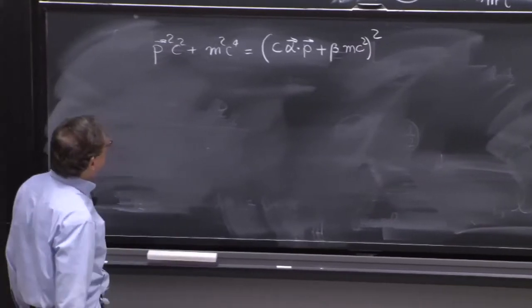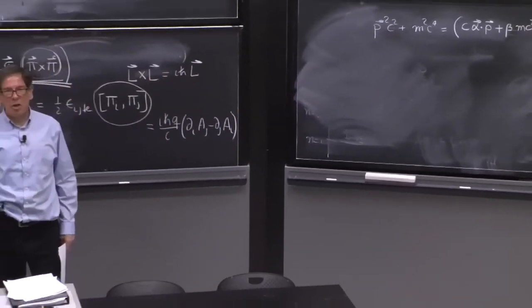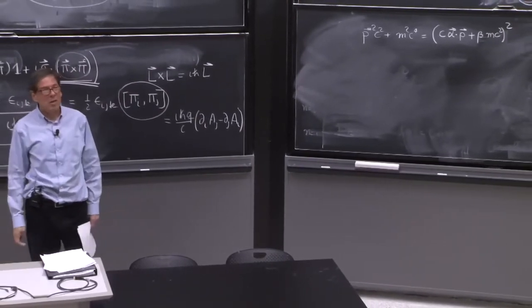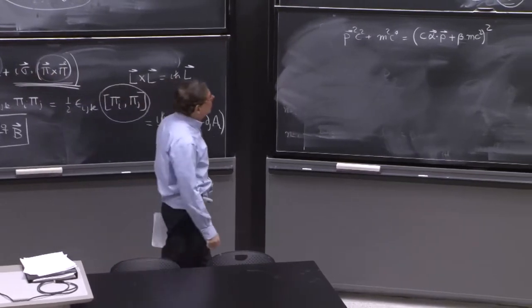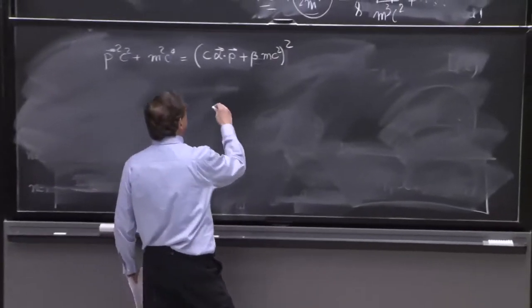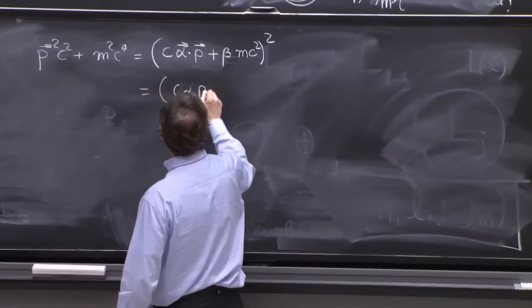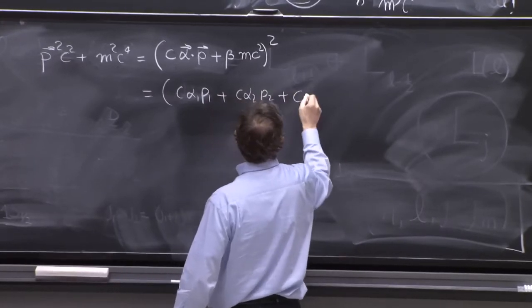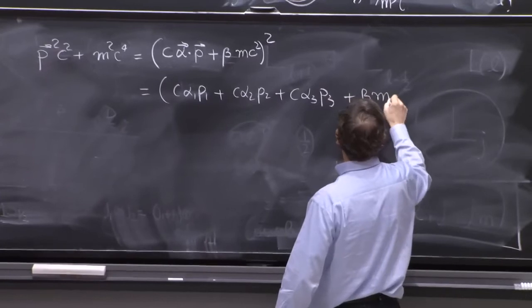And I hope I can take the square root because there will exist such constants and it somehow will work. And you say, no, it cannot work because there's always a cross product. But just follow your nose. And then alpha dot p, this is equal to c alpha 1 p1 plus c alpha 2 p2 plus c alpha 3 p3 plus beta mc squared.